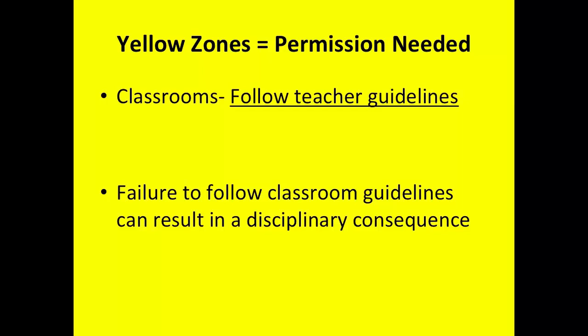When you are in the classroom, you follow the teacher's guidelines. If the teacher asks you to put away your technology or not use your technology, that is the rule. If you cannot follow the classroom guidelines, you can be subject to disciplinary consequences. So make sure that you know what your teacher's feelings are about the use of technology in your class before you go ahead and use it. So yellow zones, you need permission to use your technology before you use it.